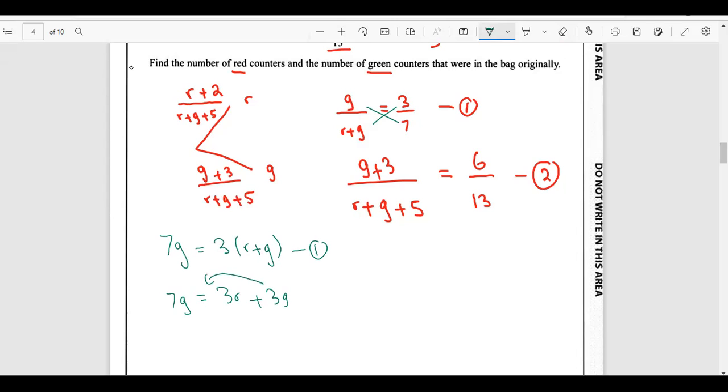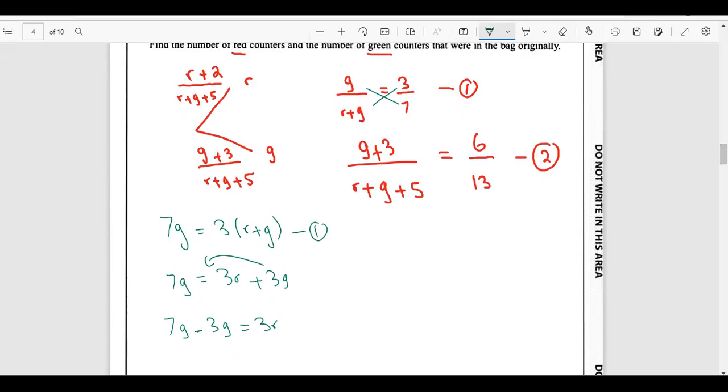I can take this 3G to the other side and this would give me 7G minus 3G equals 3R, and I am going to get 4G equals 3R.